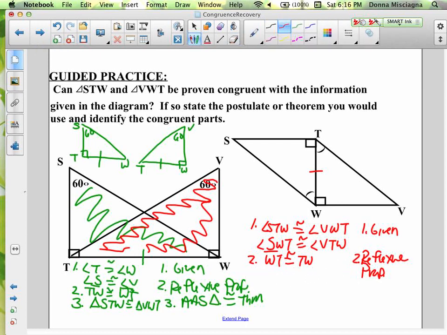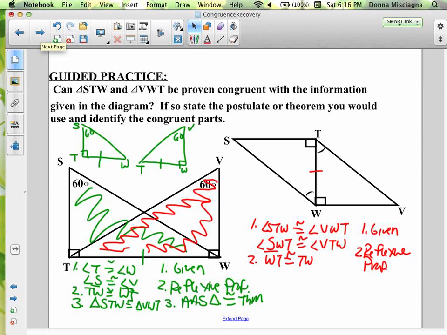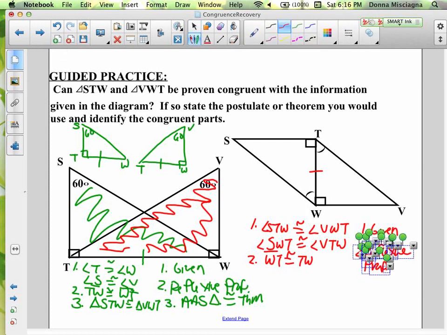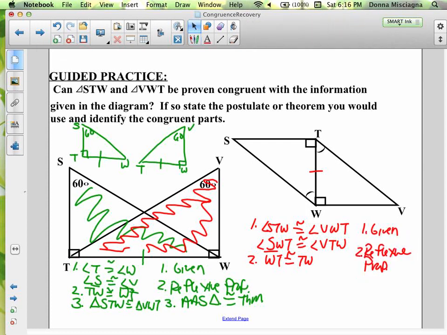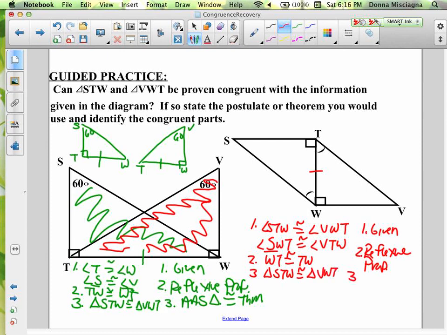I don't know, somehow I've run out of space. I think this is too low. That might give me more, ooh, lots of green dots. All right, so this was triangle STW, congruent to triangle VWT, and this is angle, side, angle, triangle, congruence postulate.